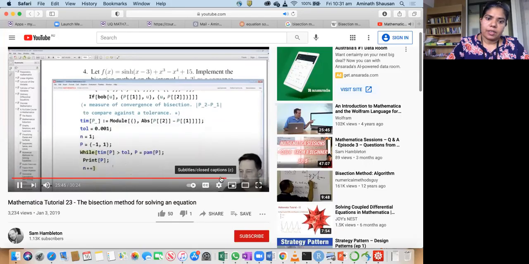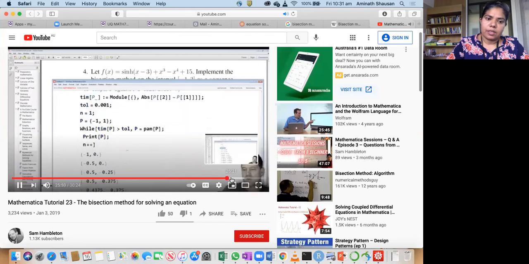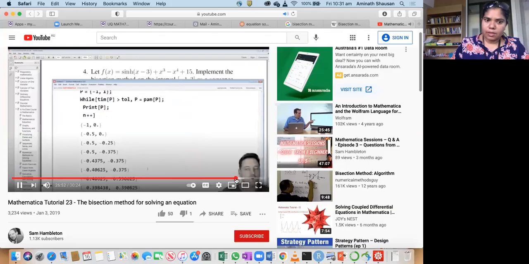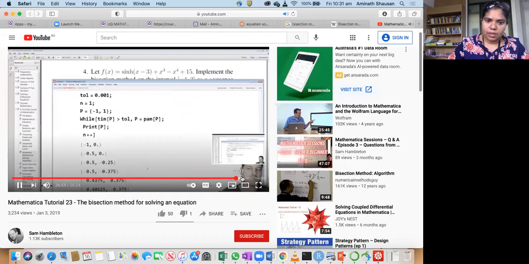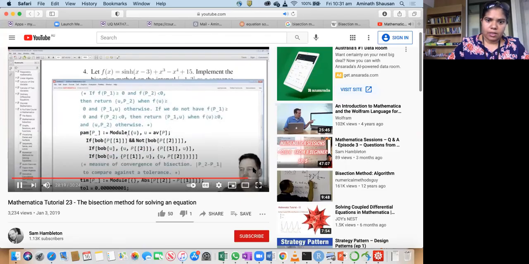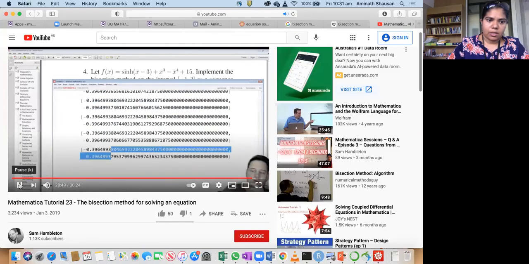Now that we've got this, we can press Shift and Enter and see what we get. So now coming out of this is a more accurate solution to a zero of the function.